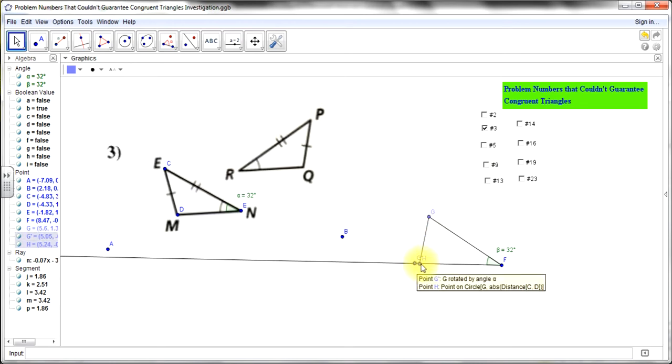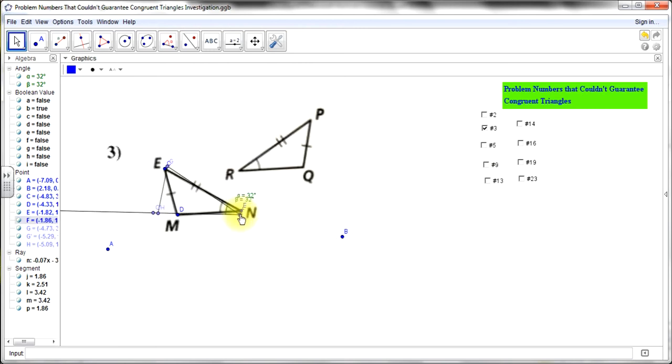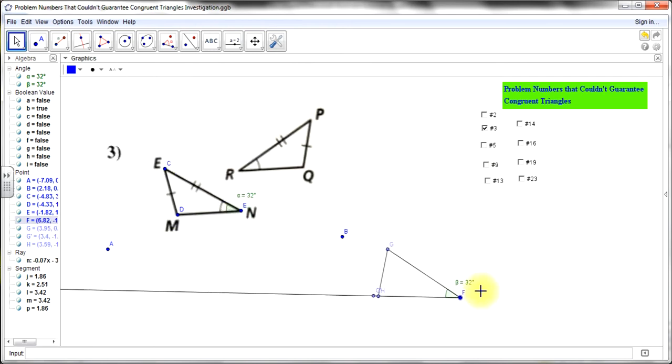So now this is a triangle that satisfies the side angle, but it's not congruent to this triangle here, and we can kind of see that. I just constructed a triangle that's not congruent to this one based off of the side angle. That's what I mean by the side angle combination does not force congruence. Therefore, we can't ever use it as a confirmation of congruency.